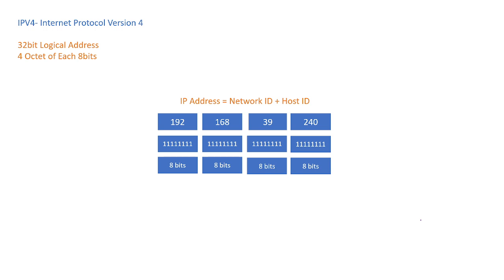What do you mean by a bit, guys? Any idea about bit? Bits and pieces, we call it bits. Bits means binary digits. Binary means it is only zeros and ones.